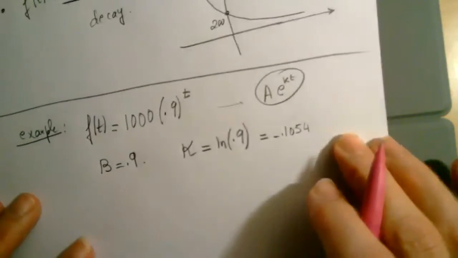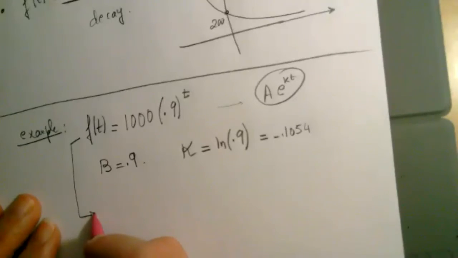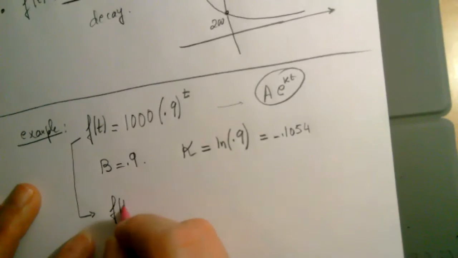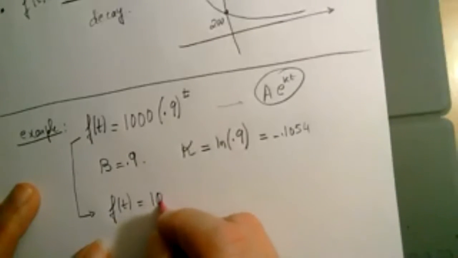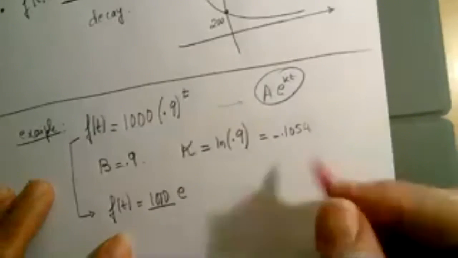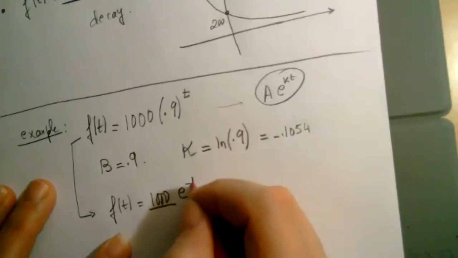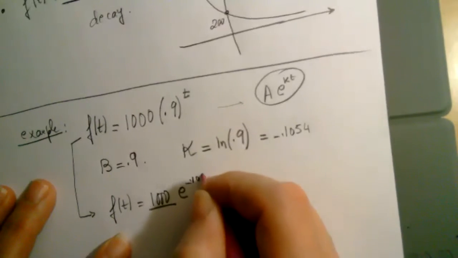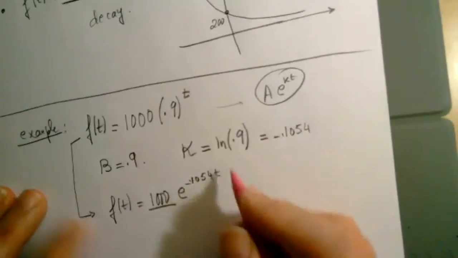What does this mean? It means my function could be written as 1000 times e, the initial value does not change, to the power minus 0.1054t.